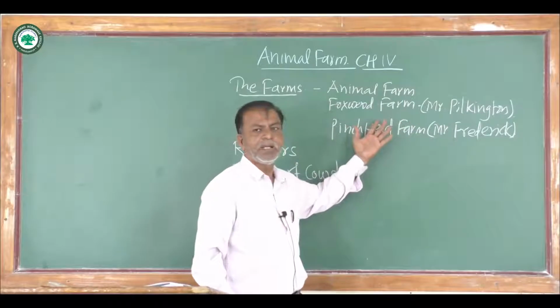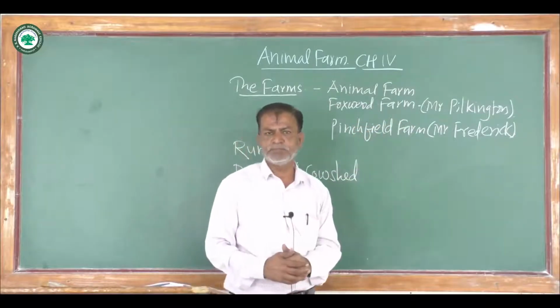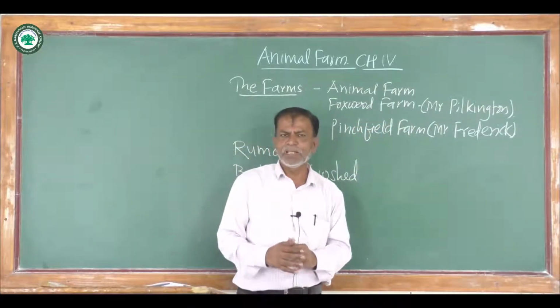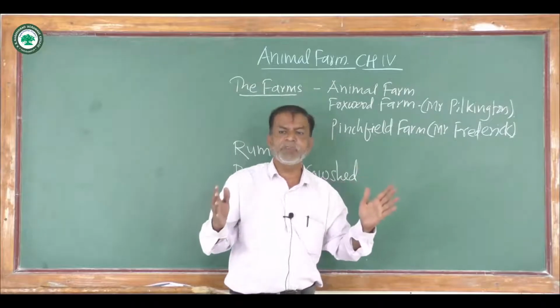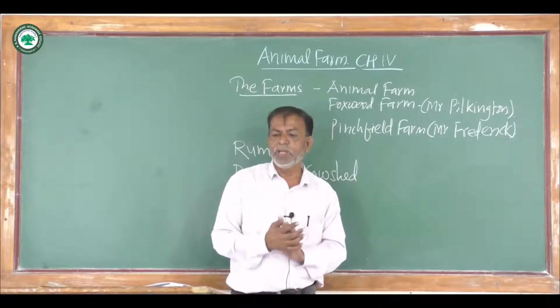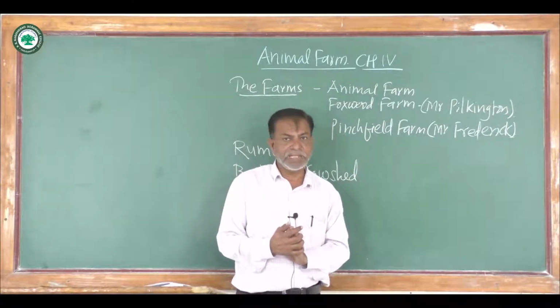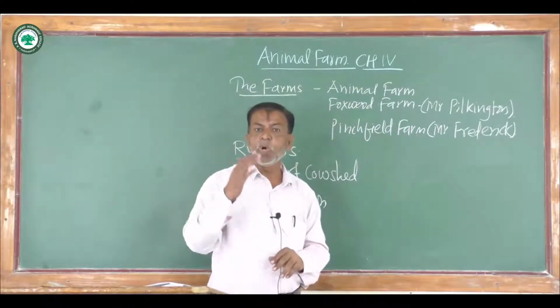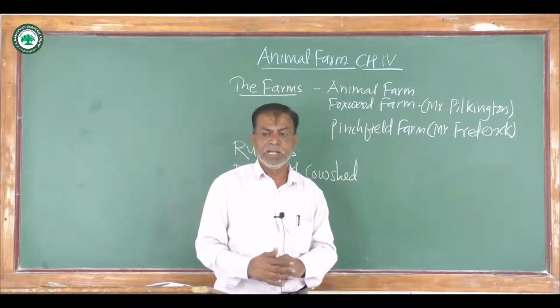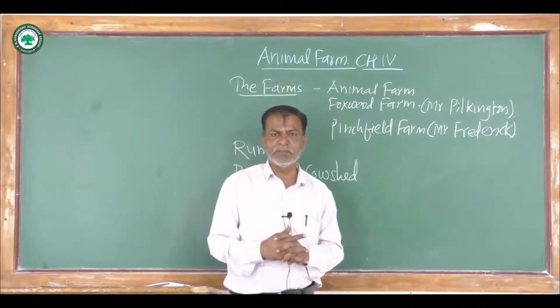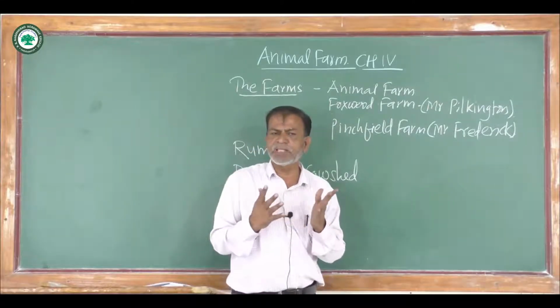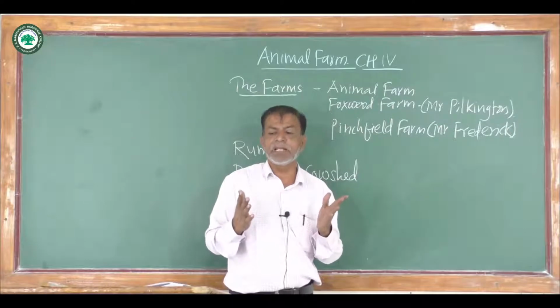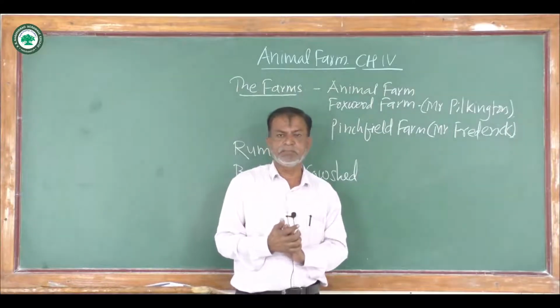Number one is Foxwood Farm. This is a very large farm compared to Animal Farm, but it is in bad condition because it is old fashioned, it is neglected, and it is, we can say, in disgraceful condition.